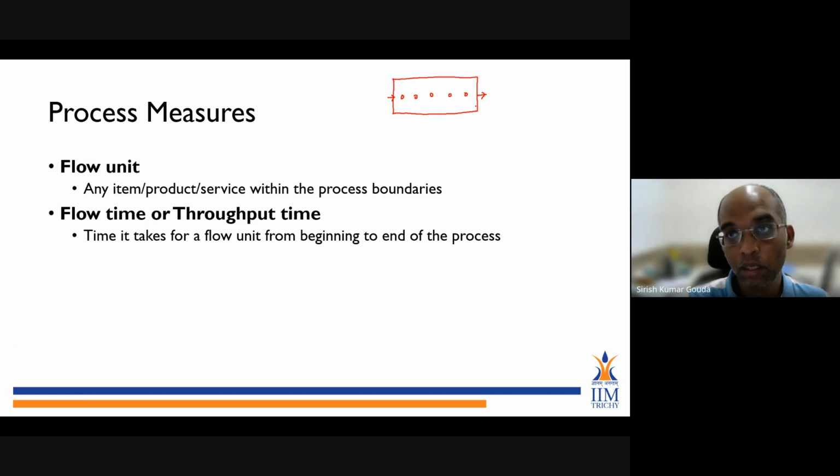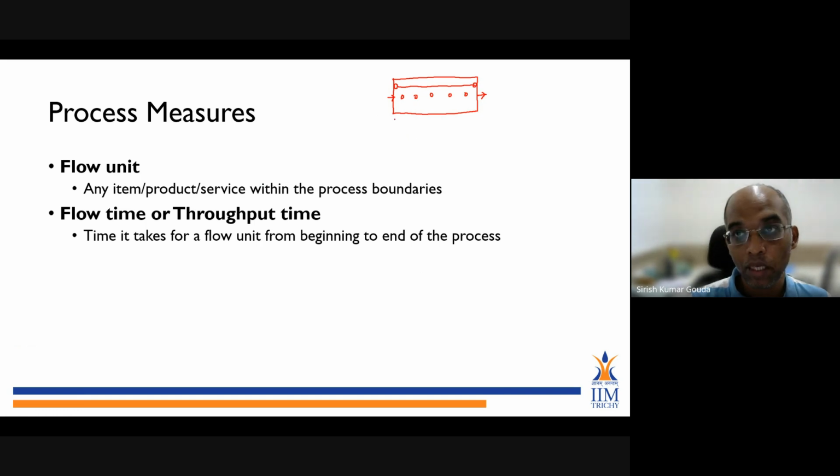Please understand that this is measured in time units, whether it is seconds, minutes, hours, days, weeks, whatever it might be. So the flow time is the entire duration of time it takes for the flow unit to move from here all the way up till here.